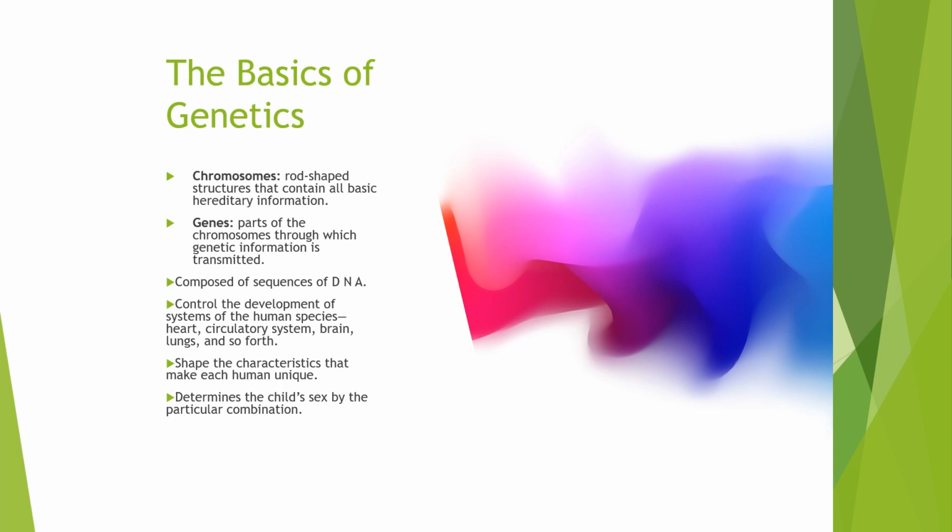It also determines the child's sex by a particular combination. And these combinations are 2 X chromosomes for females, and both an X and a Y chromosome develops as a male.